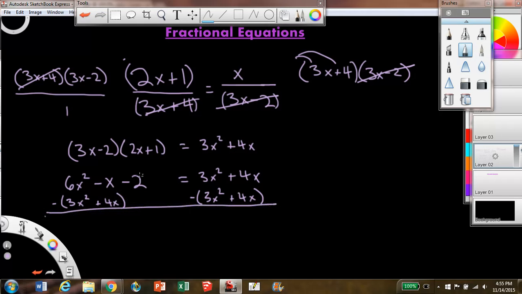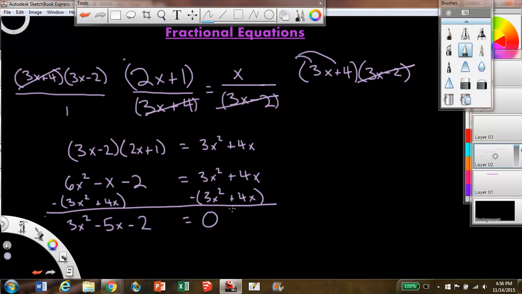Okay, I'm going to have to move this stuff. So what we get now is 6x squared minus 3x squared is going to give me 3x squared. x minus 4x is going to give me minus 5x. And then I still have this negative 2. And this is equal to 0.